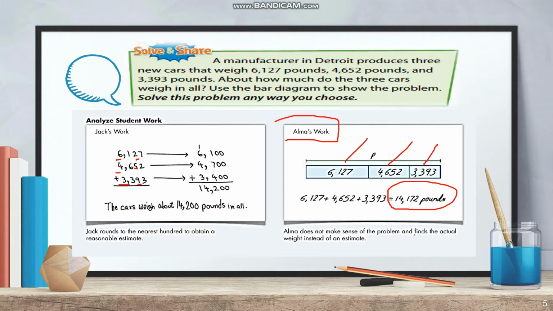Because she finds the actual answer instead of an estimate. So if the question is estimate, the keyword for estimation is the word about. So if you read this in a given problem, it means you're going to estimate the answer. So estimation means not the exact answer.